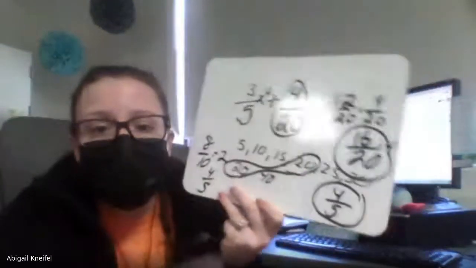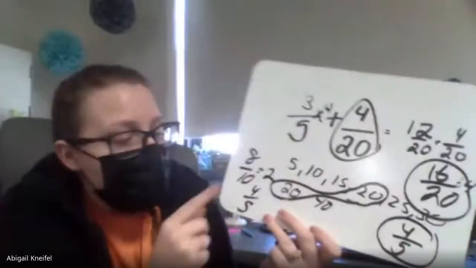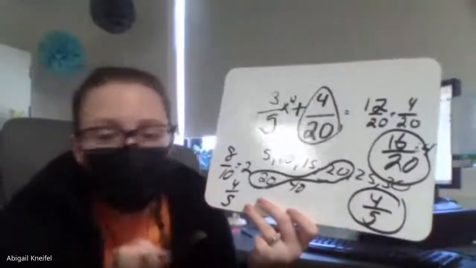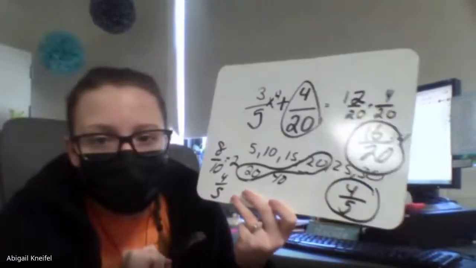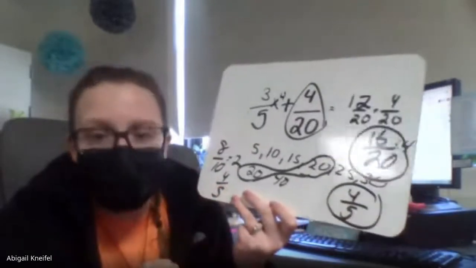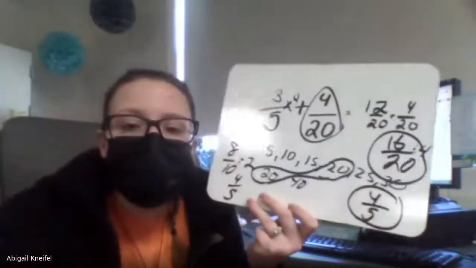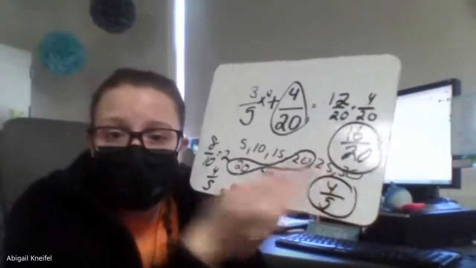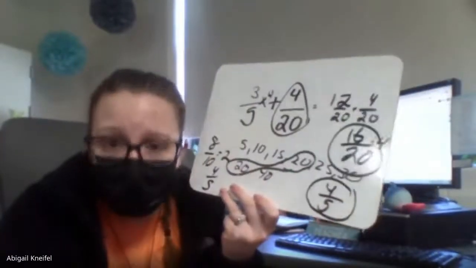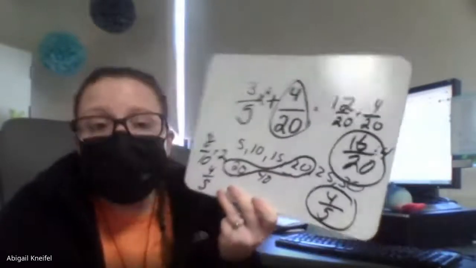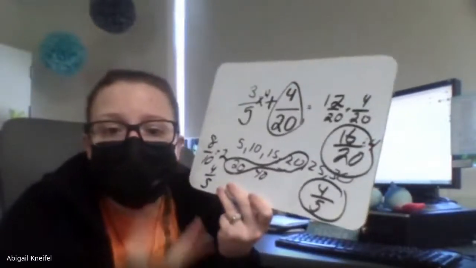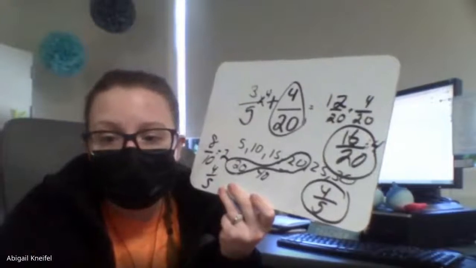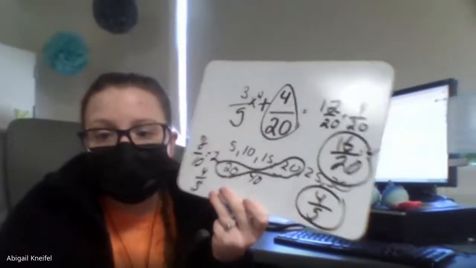Gage said he divided by 2, which is fine, but you get 8/10. And 8/10 is not as low as it can go. It is 4/5. You have to simplify your fractions. Okay, so yes, I also got 16/20ths, but I simplified, which you also have to do. Okay, you can always simplify even numbers because 2 always goes into them. Okay.